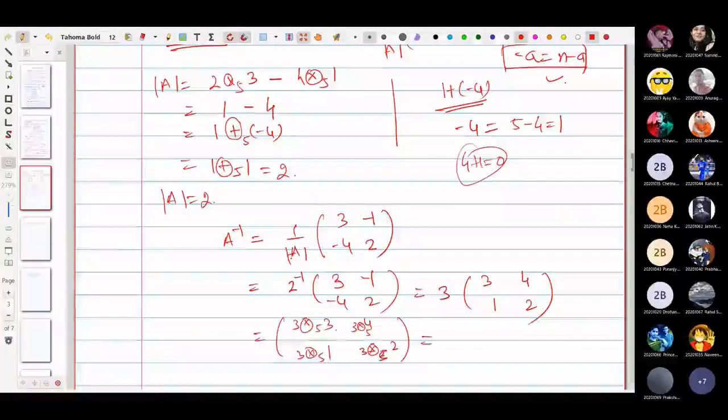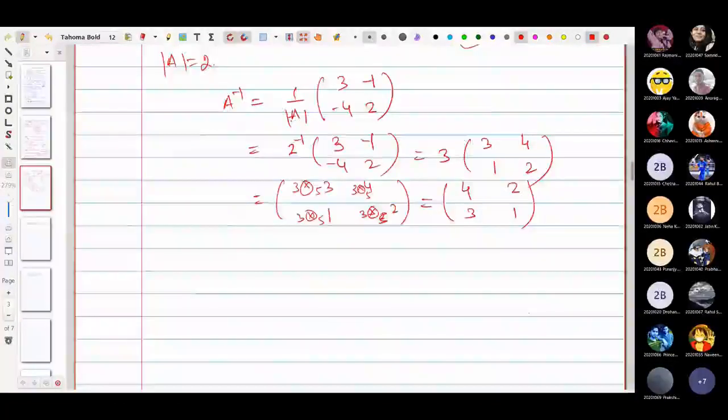So 3 times 3 is 9, and 9 when divided by 5 leaves remainder 4. Here 3 times 4 is 12, and when divided by 5 it leaves remainder 2. Here 3 times 1 is 3, and 3 times 2 is 6, which is going to be 1. So this is the inverse.